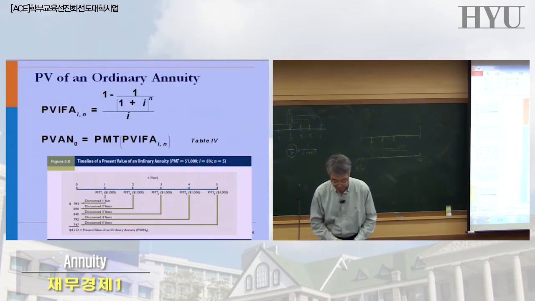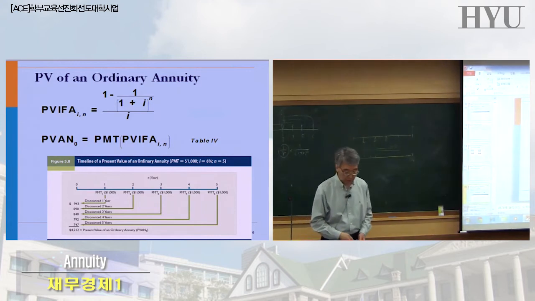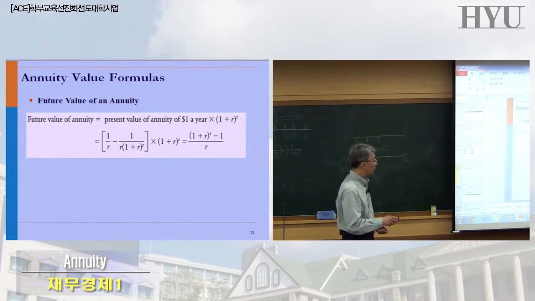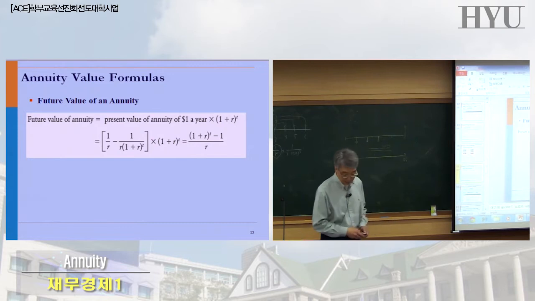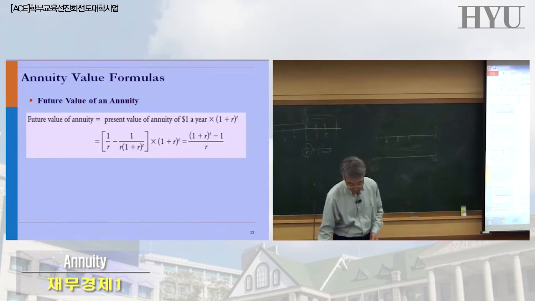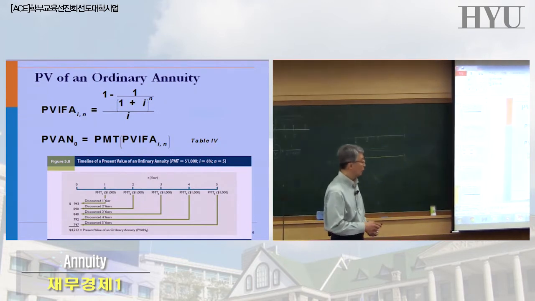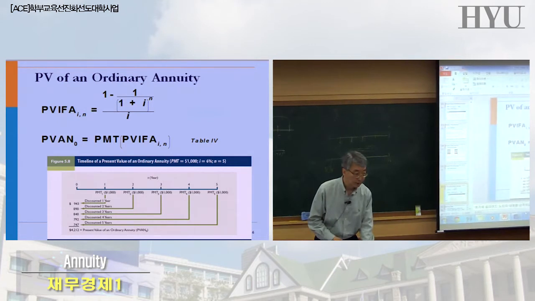Okay? All right, present value of ordinary annuity, we just looked at right here. This one was obtained as a present value of ordinary annuity, and that's the same thing as this formula. If you are in any doubt, why don't you work on it on a paper?